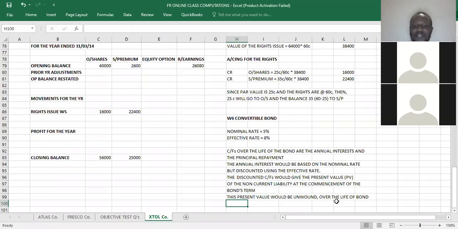So this present value will be unwound over the life of the bond. Any other thing I talk, it will be better to show you what I'm saying.